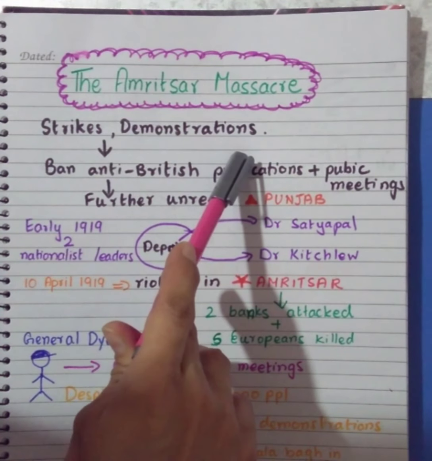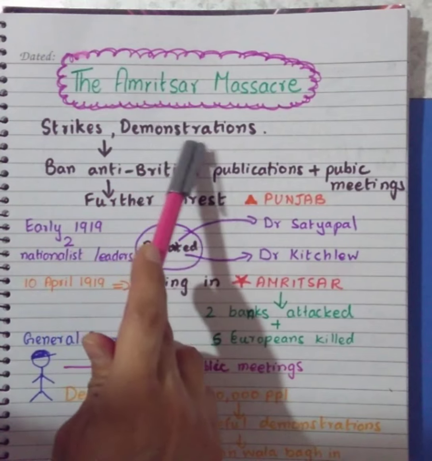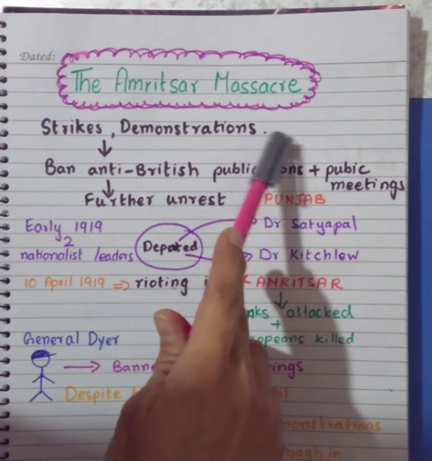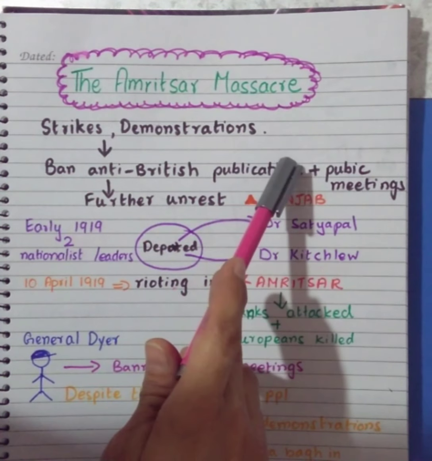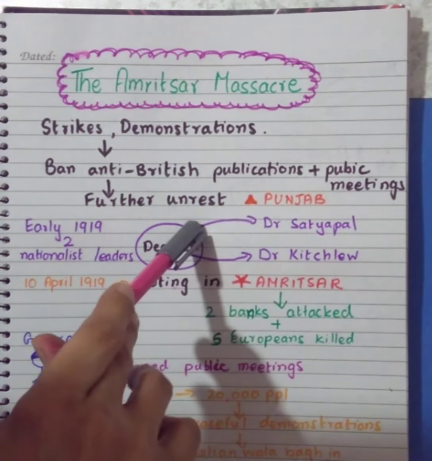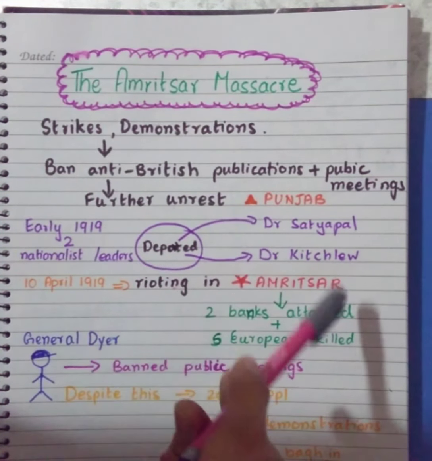Those recommendations included arresting a person without any trial, putting a person into detention without giving that person the right to bail himself or herself out, and the provincial government having the right to order the people where to live and where not to. So this led to agitation over India.